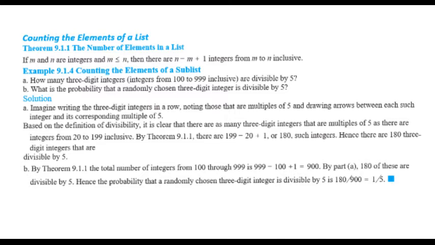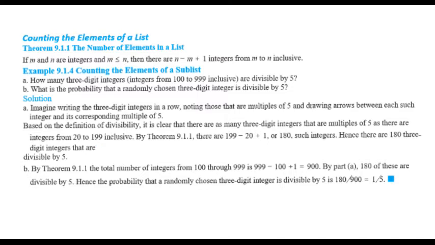So based on theorem 9.1.1, we can say there are 199 minus 20 plus 1, which is 180 integers from 20 to 199.